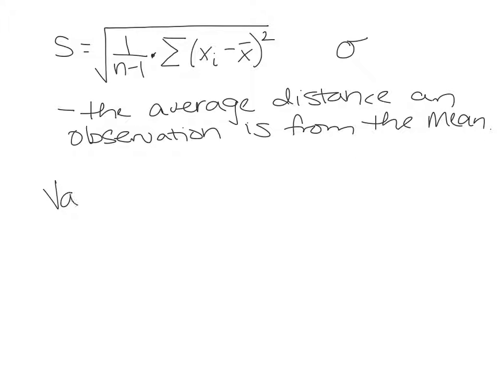The variance: S squared is the symbol for sample variance. Sigma squared is population variance. This is basically just standard deviation squared.